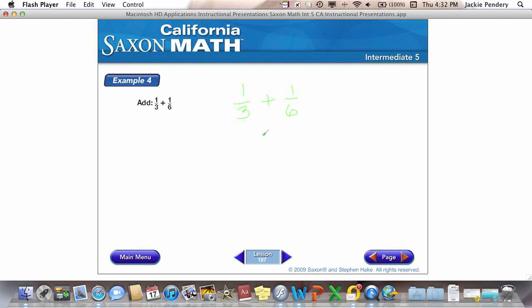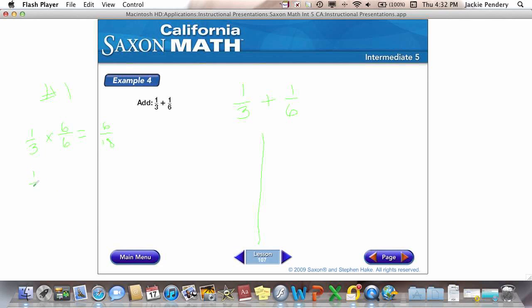Okay, so I'm going to split my screen in half here, and we're going to put option 1. Option 1 is to take 1/3, multiply it by the denominator of the other fraction, 6/6, to get 6/18.